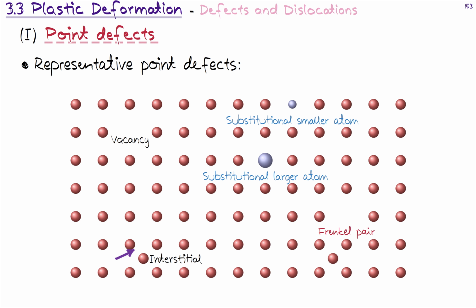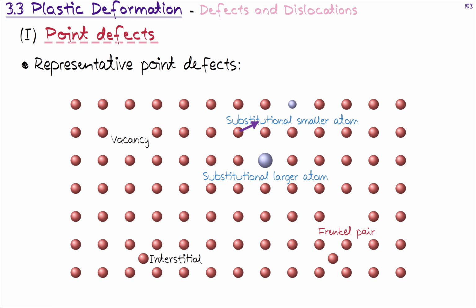We could also have a different atomic isotope, and that would give rise to these kinds of defects. We can have a vacancy site, so we would have a point in the lattice where we should have an atom but we don't have an atom anymore, and this is one type of defect.